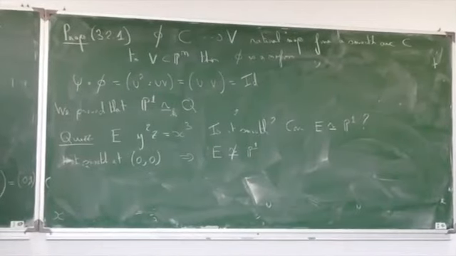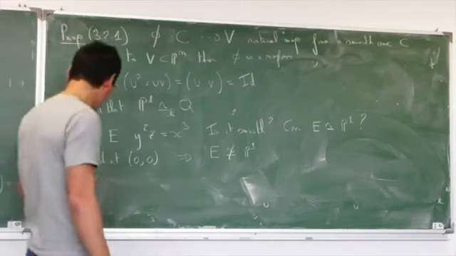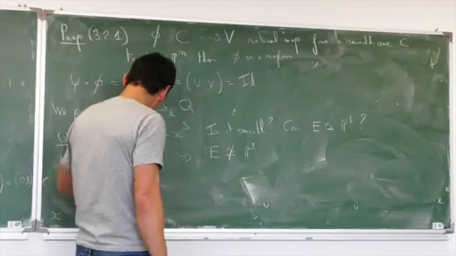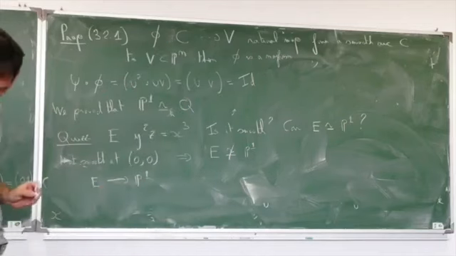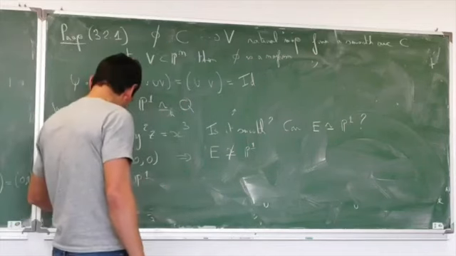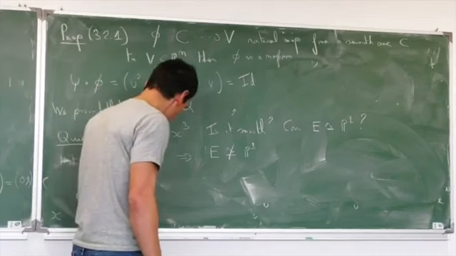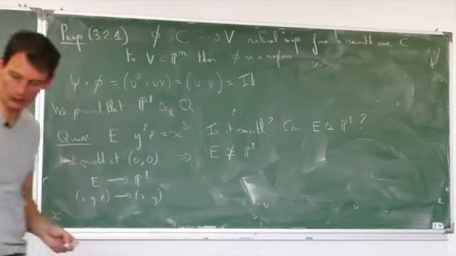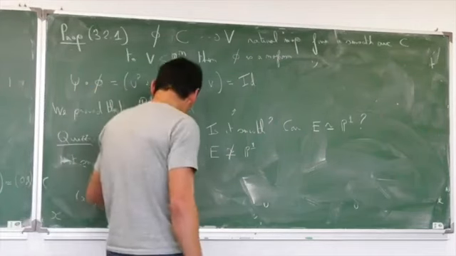So we are still going to define some map. First I have a map E to P1, which at (x, y, z) maps to (x, y). As I said, you can always, y and x, I have changed the order.